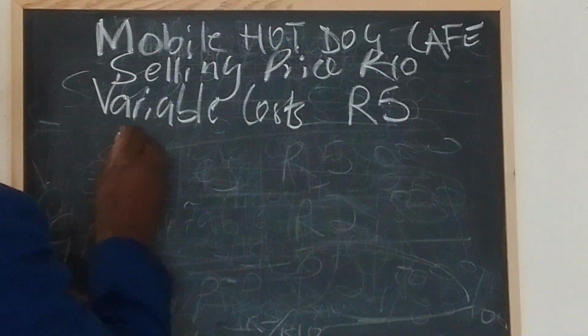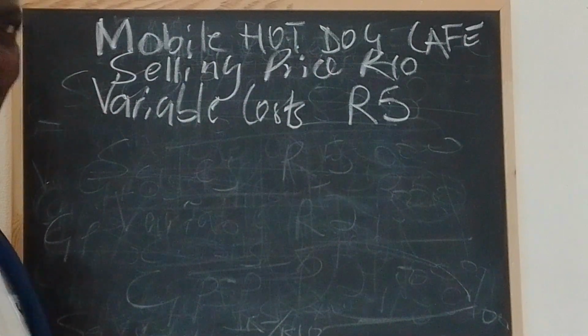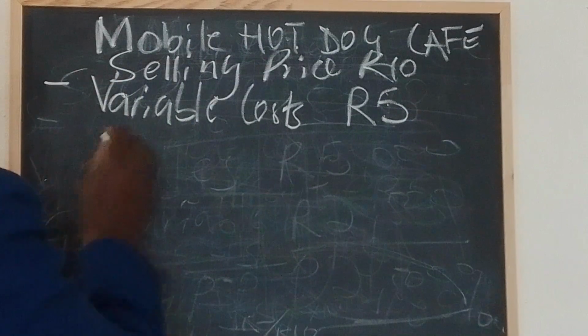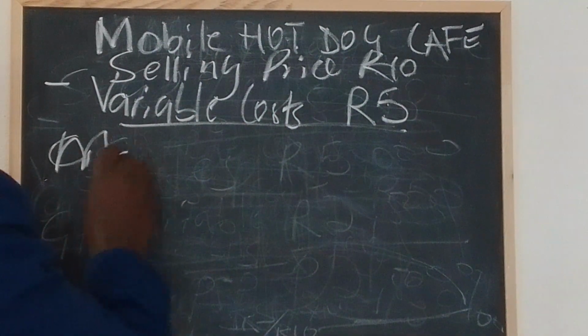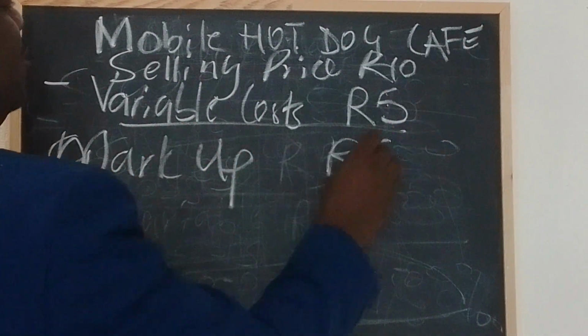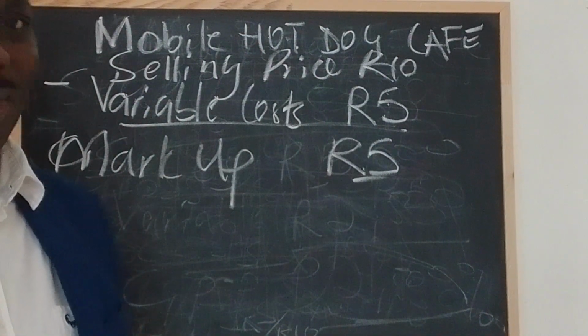So in other words, how will you determine your formula for calculating the markup? It is selling price minus variable costs. It will give you your markup of 5 rands. If you're getting confused, you can be forgiven. Why?